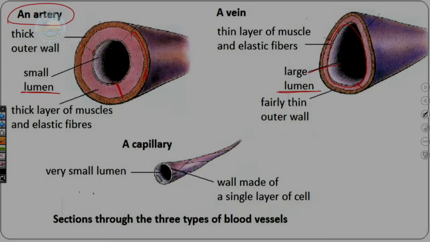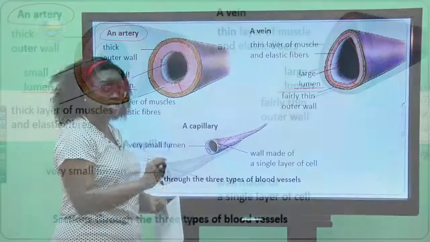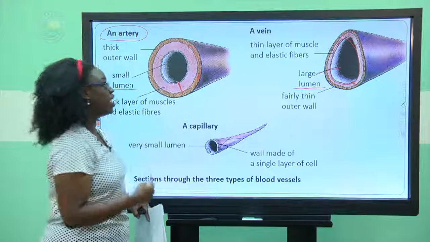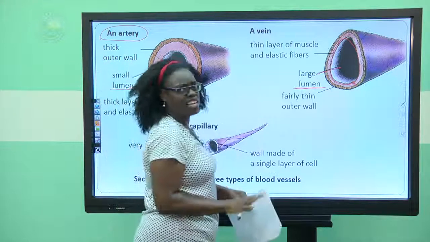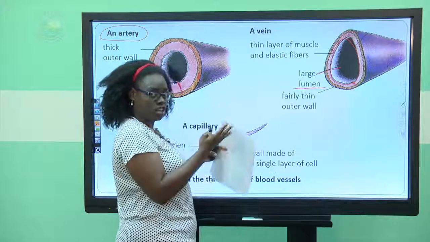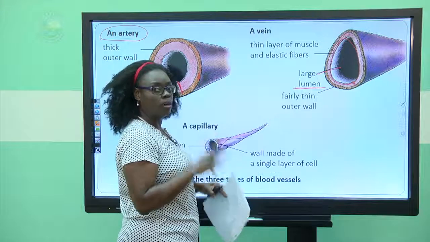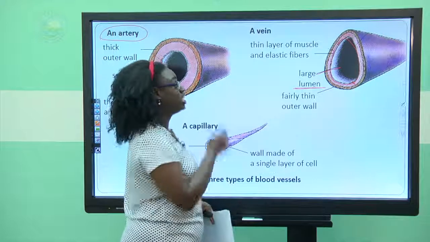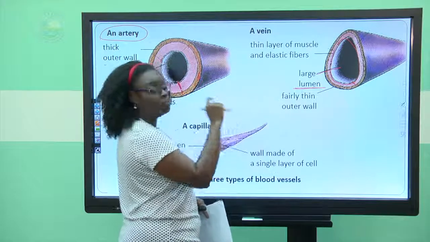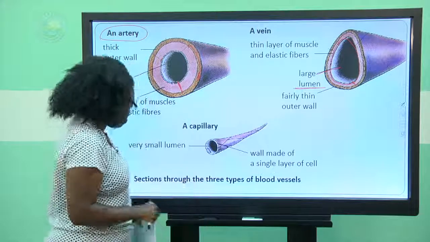Obviously, blood leaving the heart in an artery is under high pressure. So you need this thick wall of muscle to withstand the pressure of the blood leaving the heart. The veins are just taking blood from your organs back to your heart. So at that point, the blood is not under a lot of pressure, so there's no need for the thick band of muscle in your veins.